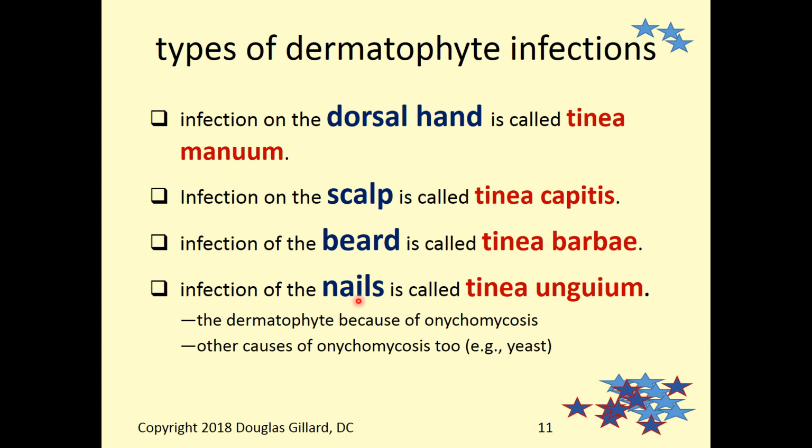Most of the time it's also T. rubrum that's causing the problem, but not always. So really, you should call it onychomycosis, which means a fungus of the nail or an infection of the nail, until you find out for sure if it is a dermatophyte causing the lesion. Then you can call it Tinea unguium. Does that make sense?